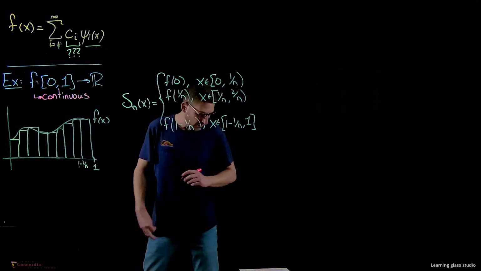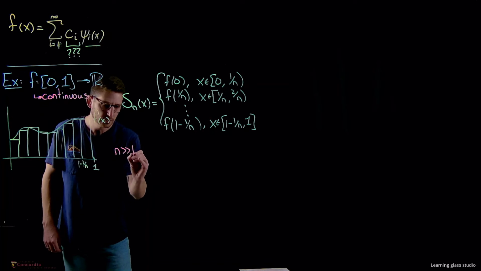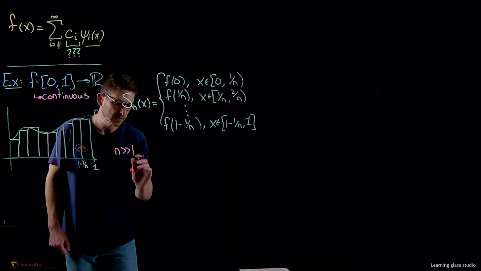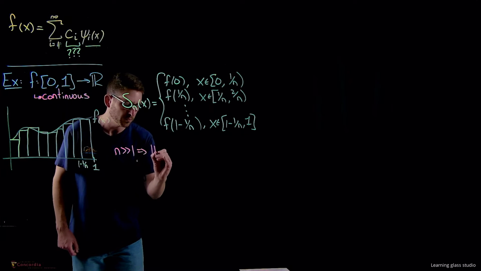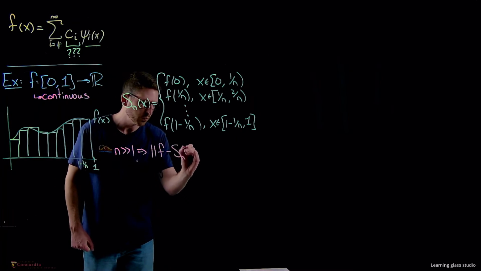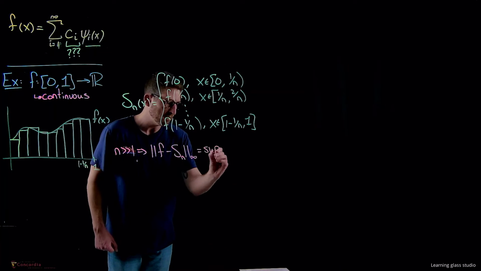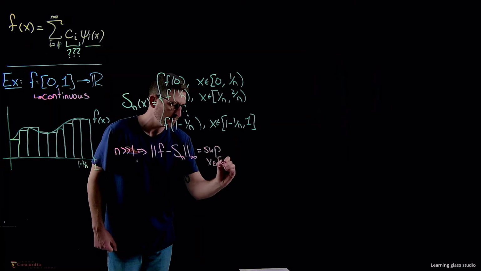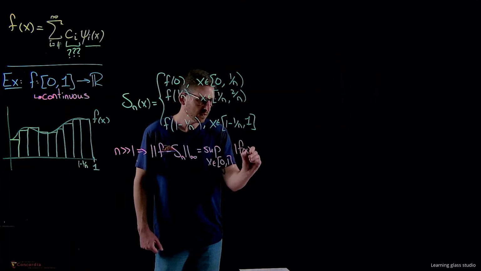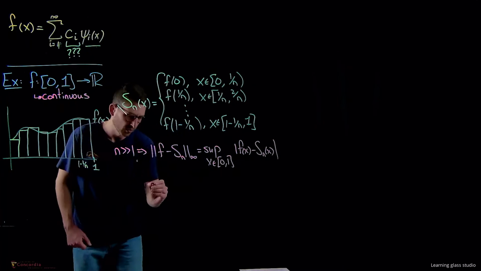In particular, what I know is that if n is large, then, trying to write this informally, the difference in the supremum norm, so I'll say the infinity norm, which is just the maximal pointwise distance between these two things, let's say f of x minus s_n of x, is small, right?